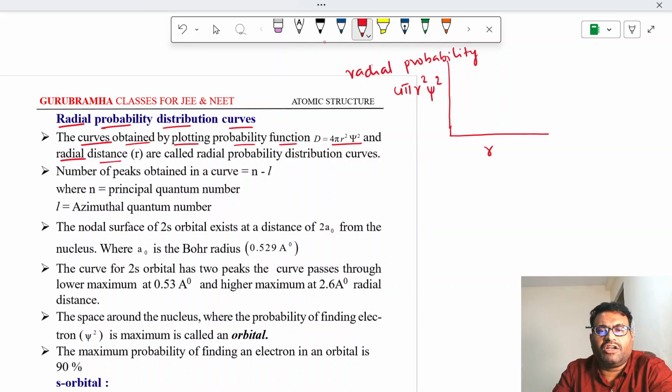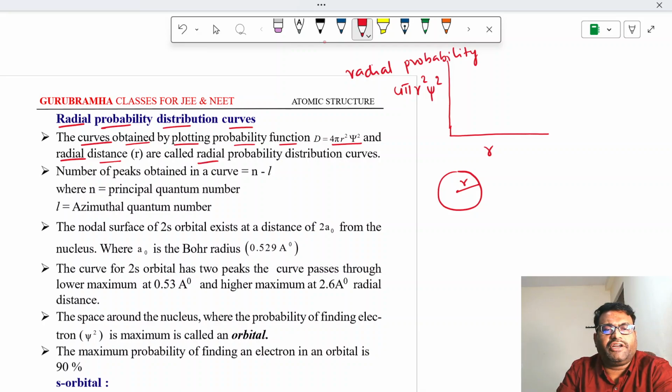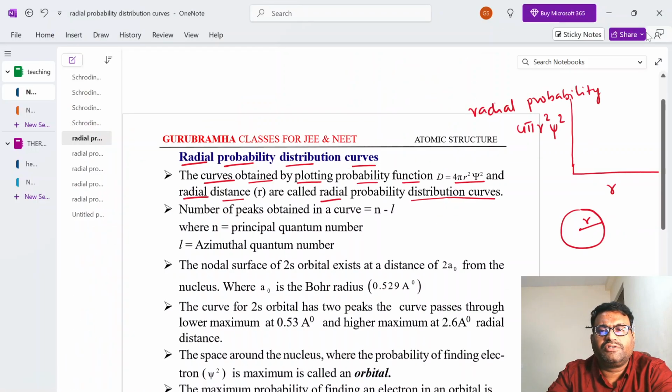So this is r, the distance from the nucleus, the radial distance. These are called radial probability distribution curves. So let us see some curves, then we shall come to the theoretical concept.